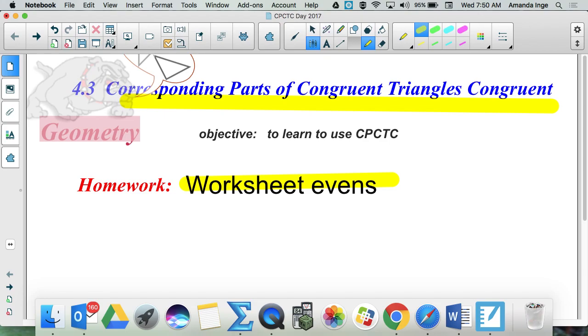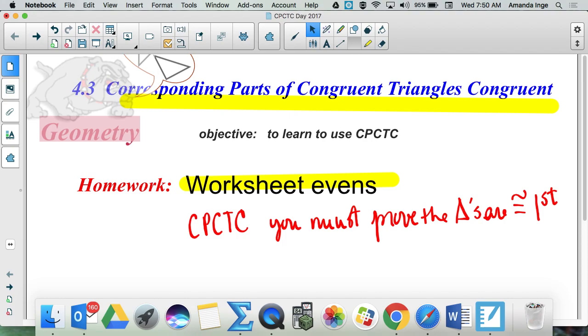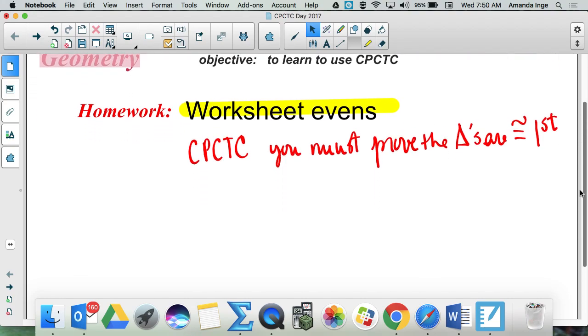In order to use corresponding parts of congruent triangles congruent, you must first prove the triangles are congruent. What are the ways to prove triangles are congruent?